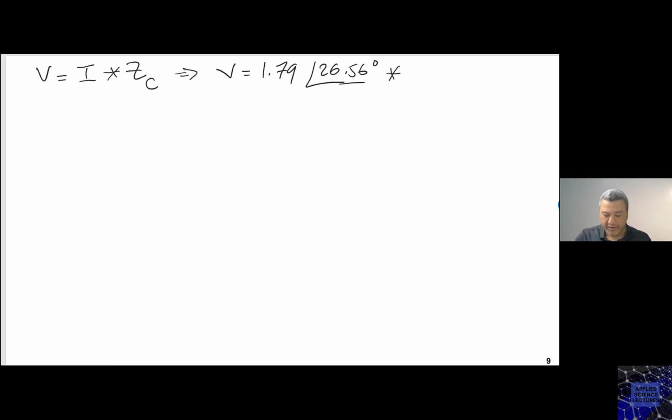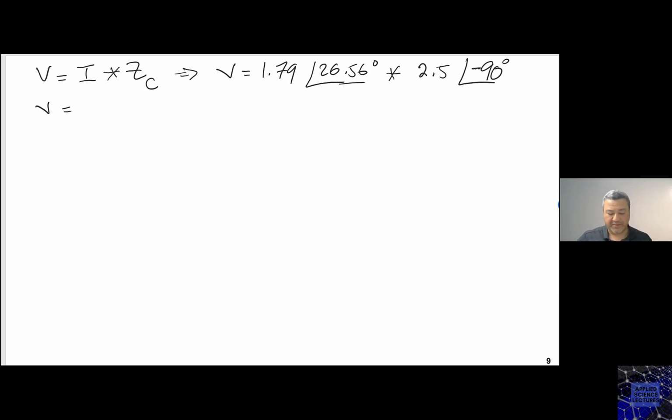So you can come here and multiply. So this is 2.5 at minus 90 degrees. In this case, what do you do? You multiply the magnitude and you add the phase angle.